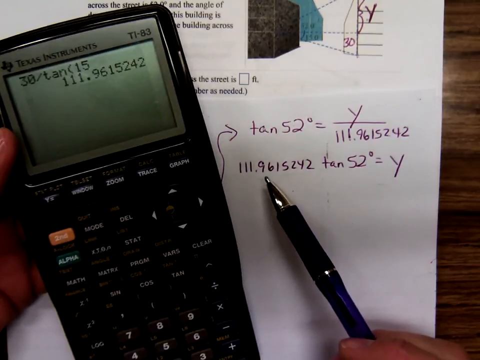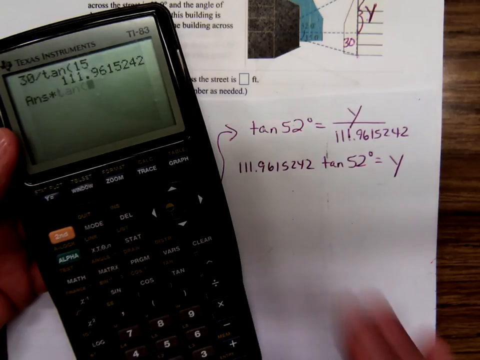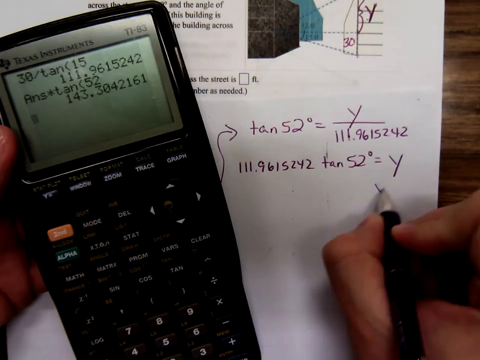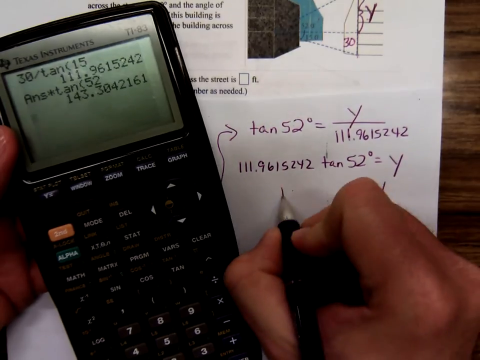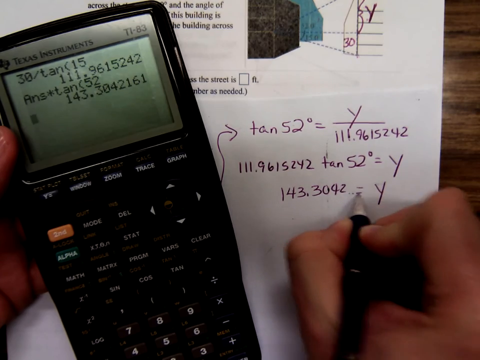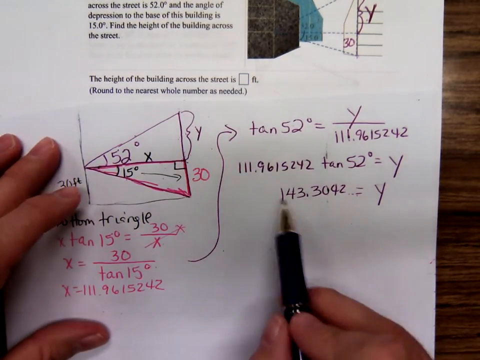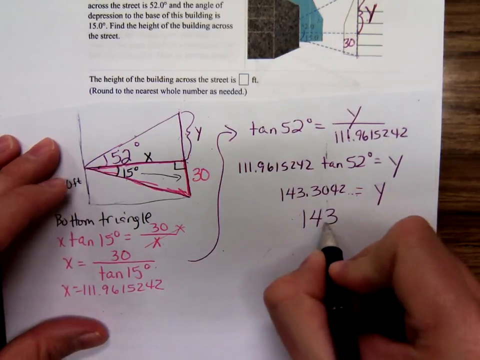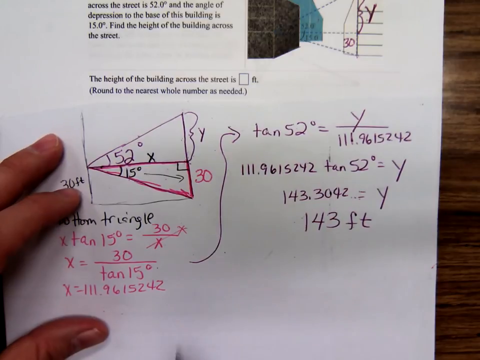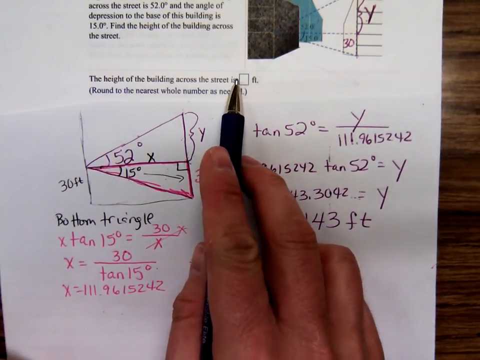So I'm just going to go times tangent 52. I'm showing 143.3042 and so on. How are we told to round? To the nearest whole number. So 143 feet. And if you punch that into MyMathLab, it's going to say wrong.